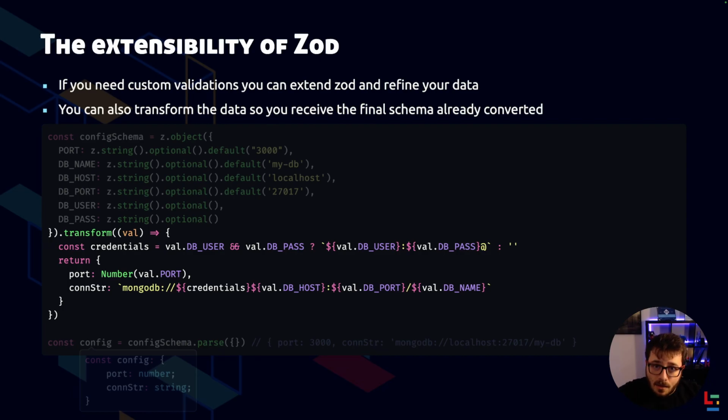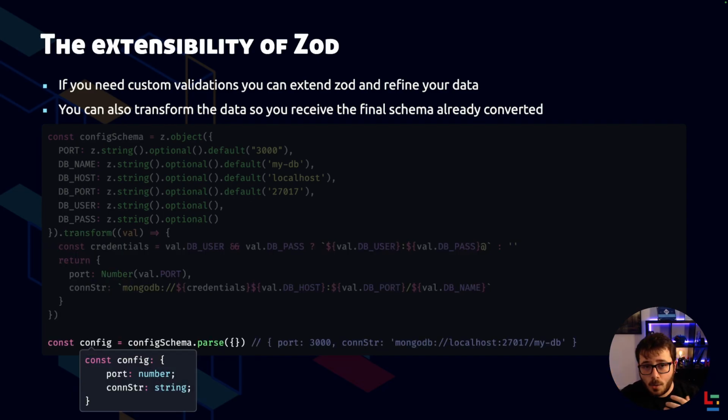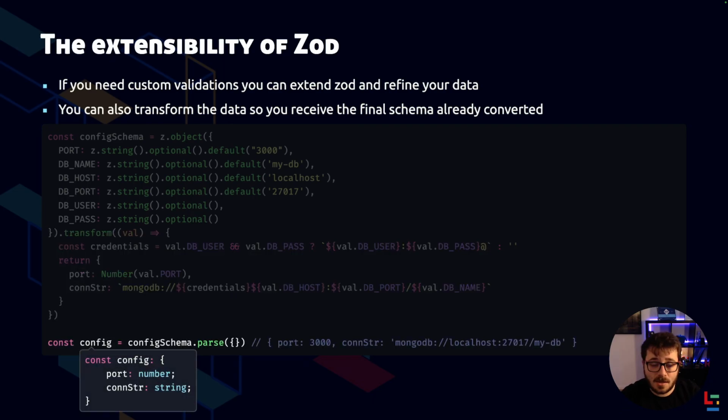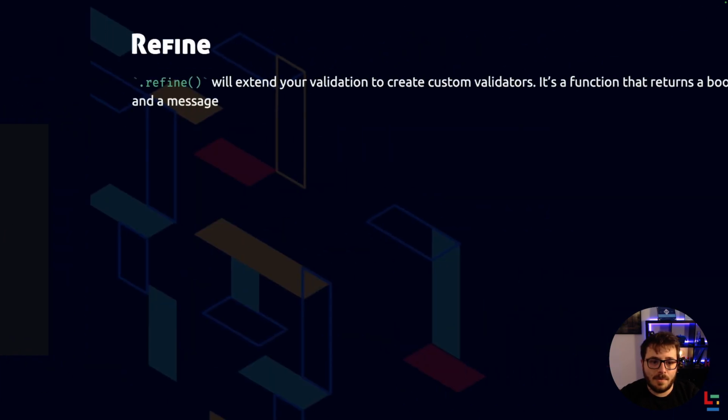And we can also concatenate everything into a connection string for our database, for instance. Then when you parse the schema, I just passed an empty object. It would be an error for me, but not an error because we have defaults. If we parse the schema, it's going to give you a connection string. And you can actually return things from here as const, and it's going to give you a constant type, right?